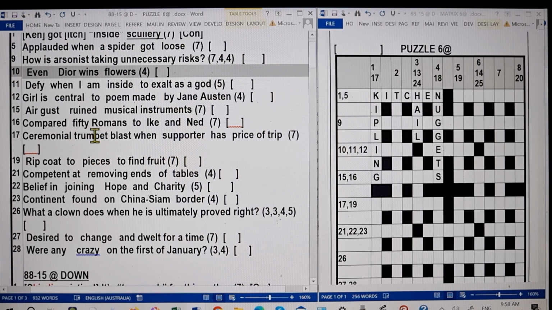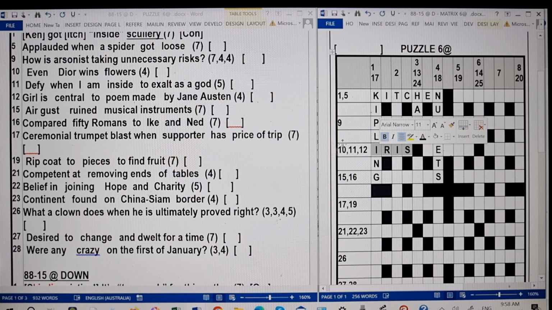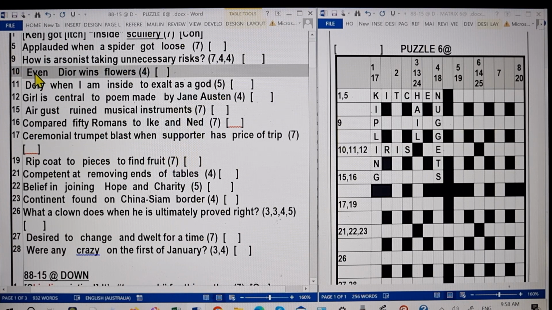Okay, is that enough time? It's only a short one. So even Dior wins flowers. 10 across is going to be Iris. Why is it Iris? Well, simply because even's the alternate flag, isn't it? Even's the alternate flag, and flowers is the key.